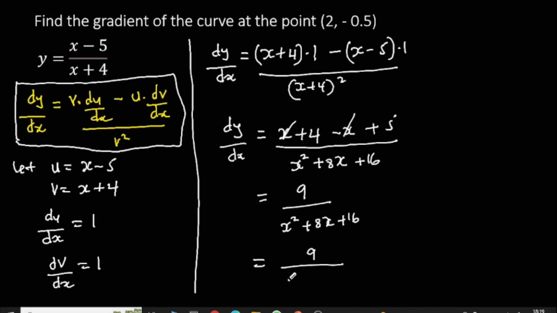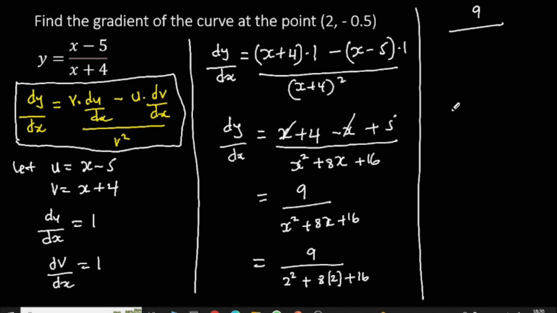So we're going to have 2 squared plus 8 times 2, then plus 16. From here it is just simplification. So we get the numerator as 9. Then 2 squared is going to be 4. Then 8 times 2 is going to be 16. And then you have another 16.